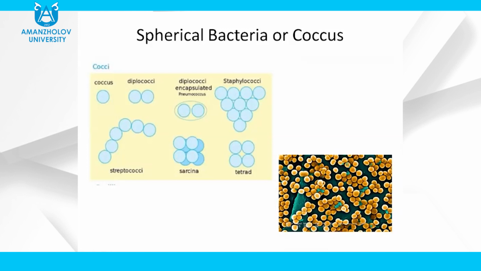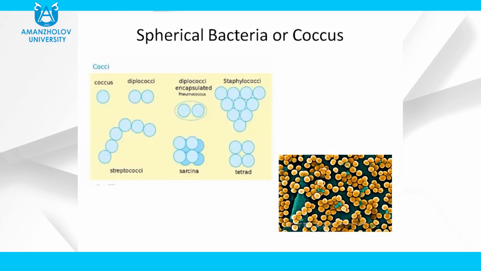They can be found in different arrangements, namely diplococci in pairs, tetrads, arrangement of groups of 4, streptococci in chains, and staphylococci in clusters. Diplococci bacteria are usually found in pairs as two joined cells.